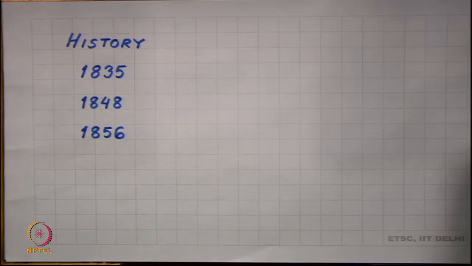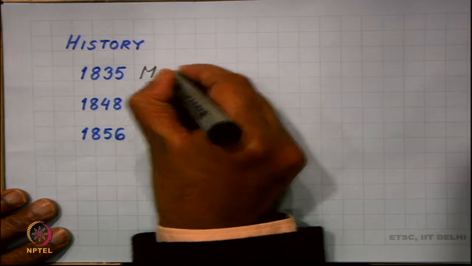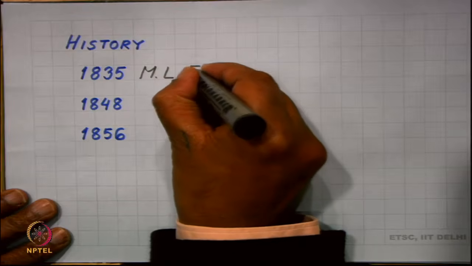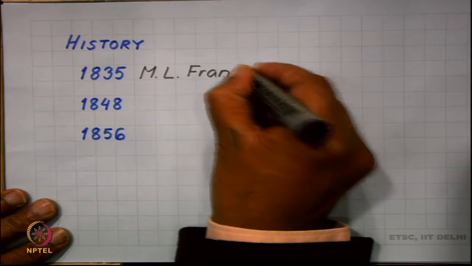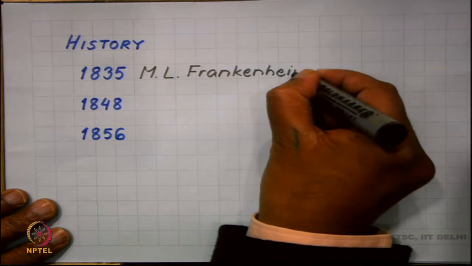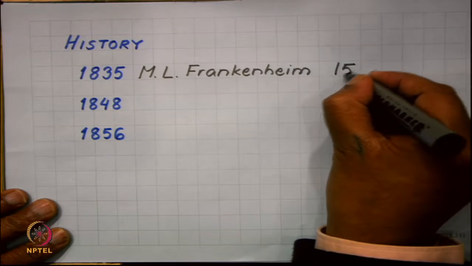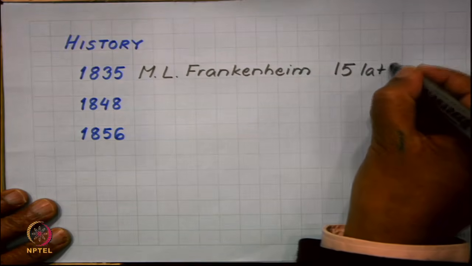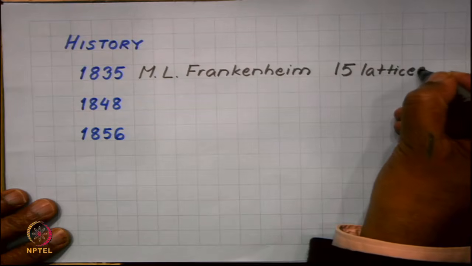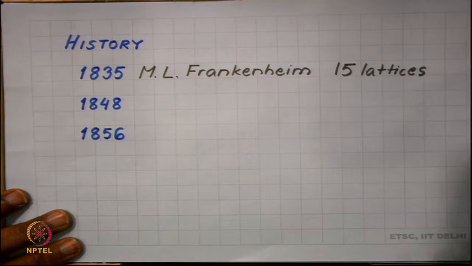There has been an instance where in 1835 M. L. Frankenheim came up with 15 lattices. Apparently, he overcounted. Perhaps he counted 3 monoclinic lattices instead of just 2.